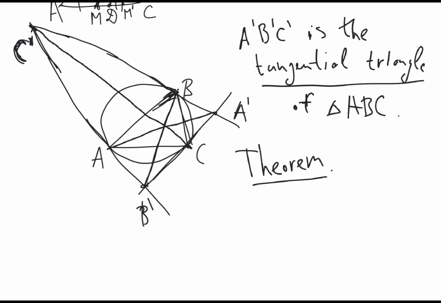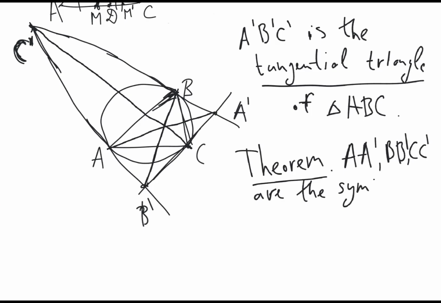So AA prime, BB prime, and CC prime are the symmedians of the triangle ABC.